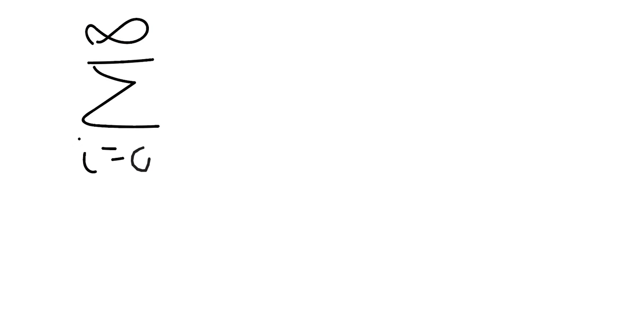There's also one for an infinite geometric series. So say we have an infinite geometric series, then this time we can begin our index of summation at 0, just to make our summation look a little nicer.